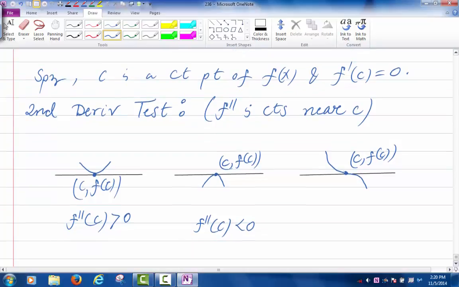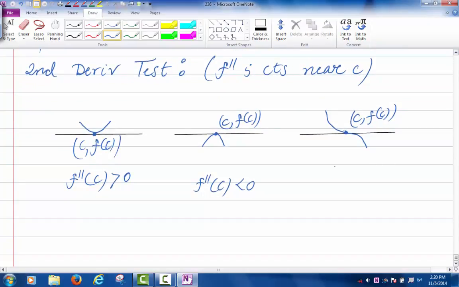So in this case, there is a third case where the second derivative at c may be 0. So if the second derivative at c is 0, then it may be the case that you have neither a local max nor a local min there. However, it's not always true. So if the second derivative at c is 0, then the second derivative test is inconclusive.